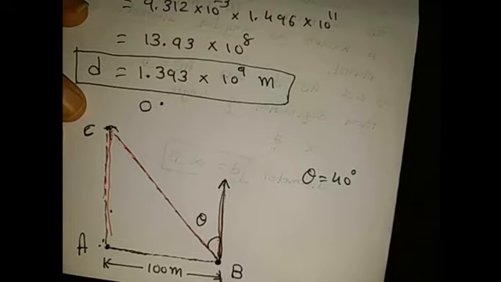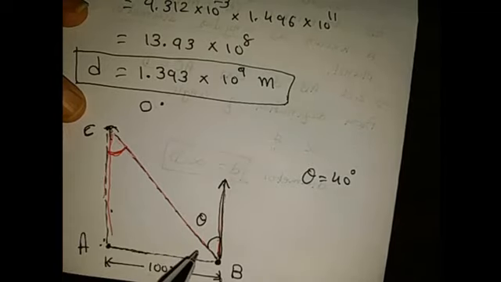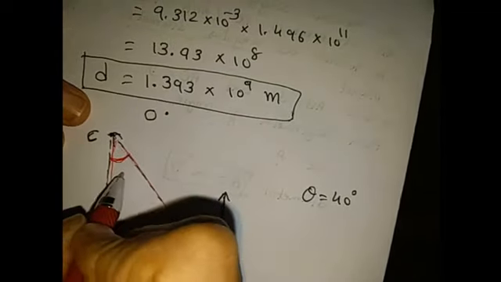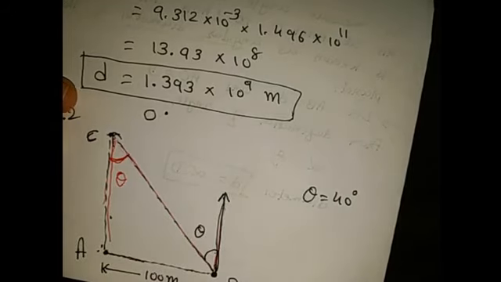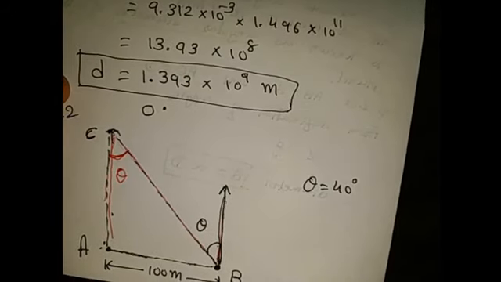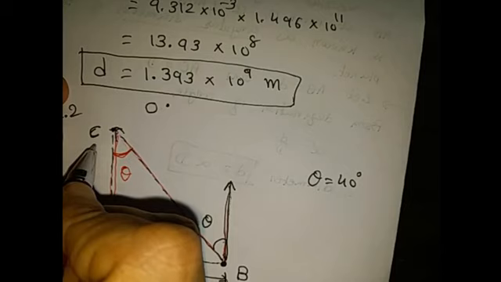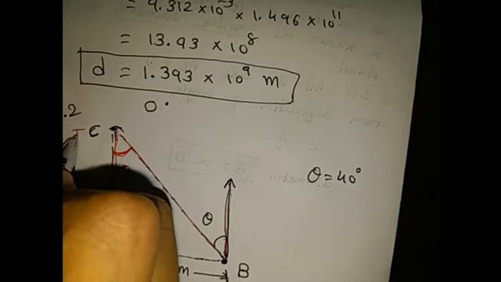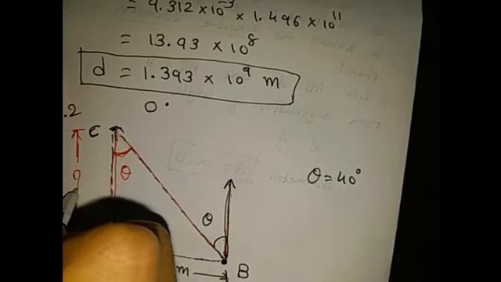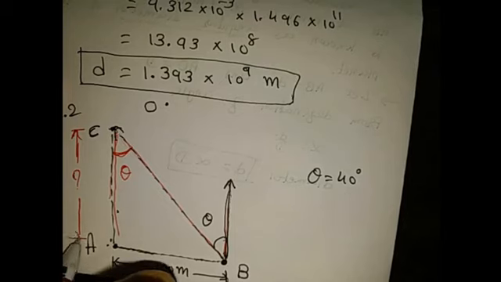As it is Z, this angle must also be theta. So this is also theta. आई बात समझ में? Okay, what we want to find? We want to find this distance AC. Distance between A and C is to be obtained.